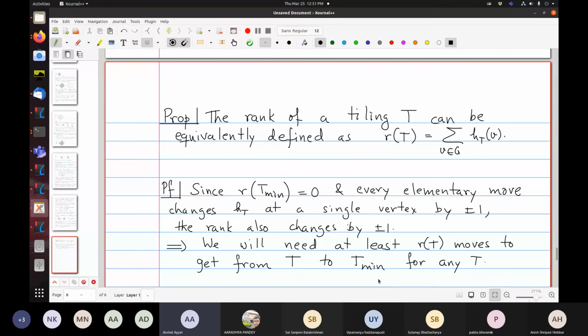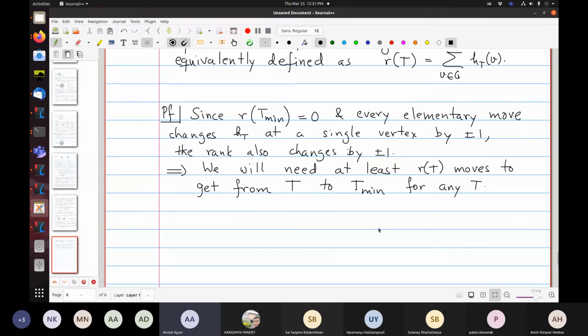Right? So you're going to change this rank by 1 every time you do an elementary move, and so what? So you need at least so many moves if you're going to get from t to t min. I mean, you could potentially take more. Right? And now we will show.